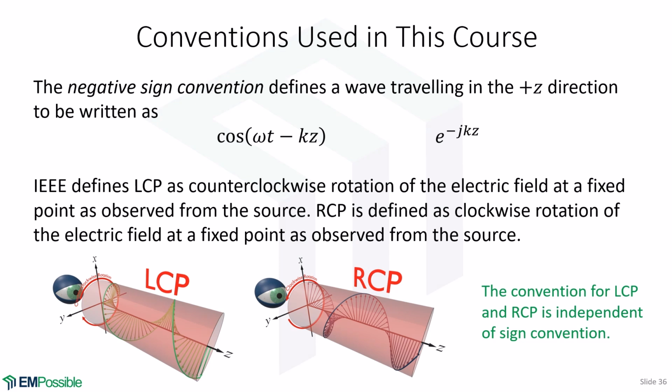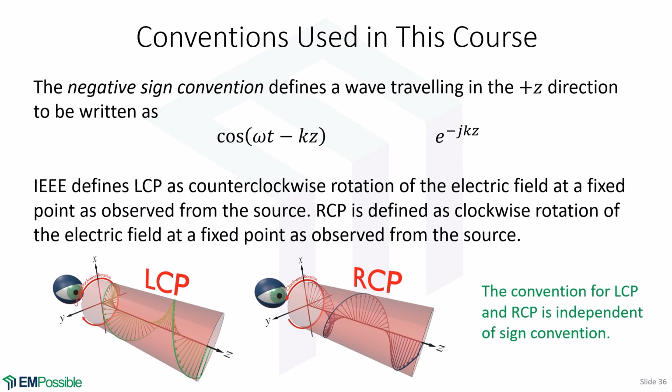The second convention in this course is that I am using the IEEE definition of circular polarization, although I change it a little bit. The IEEE actually defines it from the perspective of the receiver, and says a clockwise rotation is a left circularly polarized wave. I think that's very unintuitive.